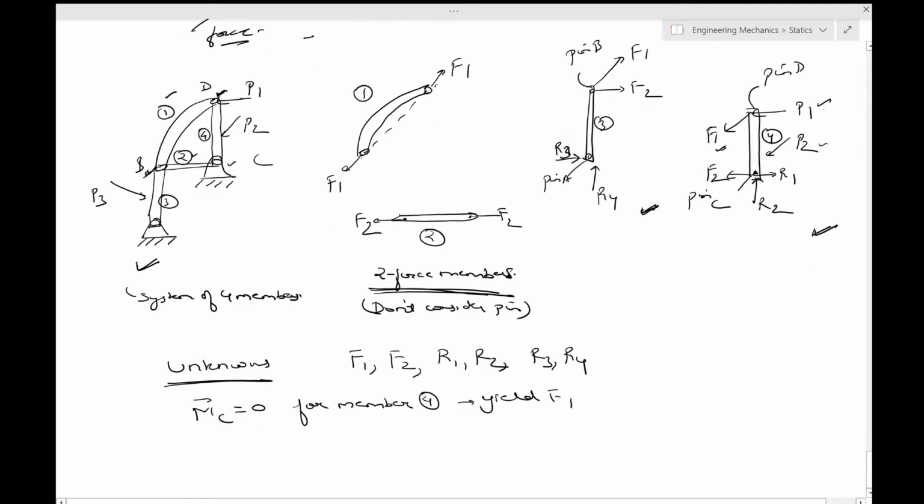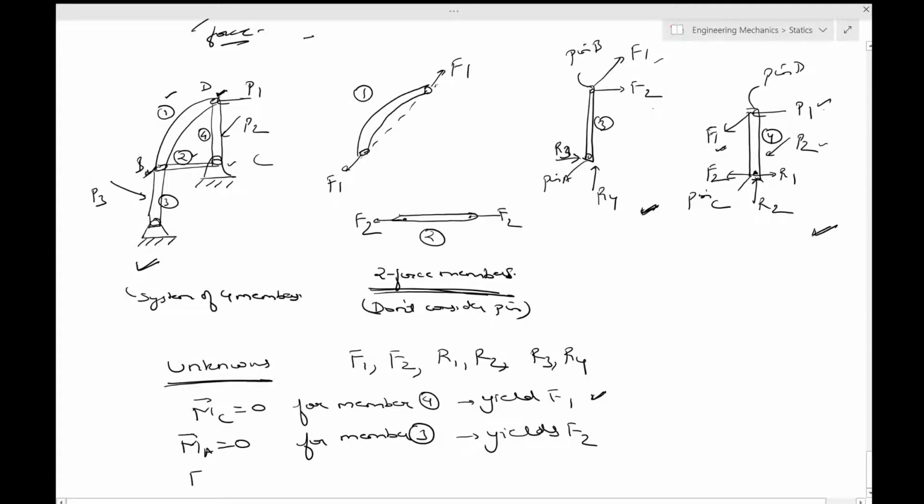Now you say MA is equal to 0 for member 3. So clearly this R3 and R4 would disappear. F1 is already found out, so then you can find out F2. It's F2 because F1 you would have just found over here.